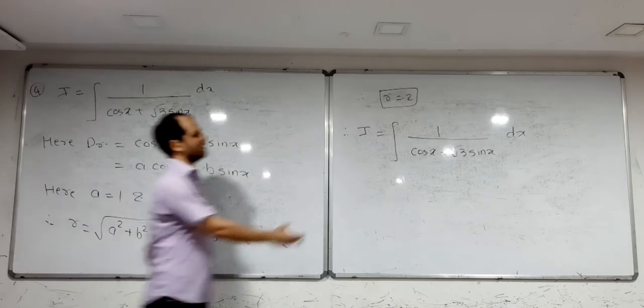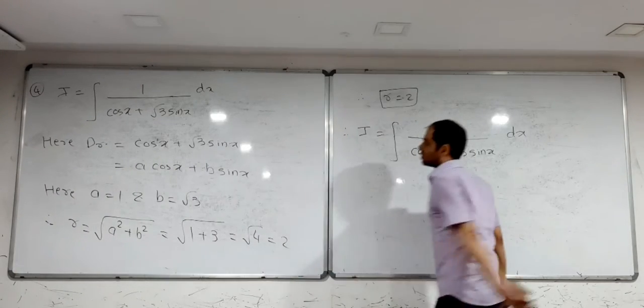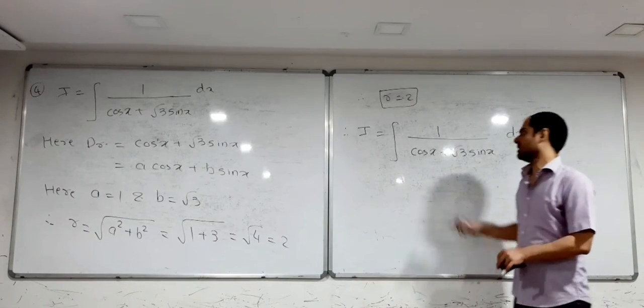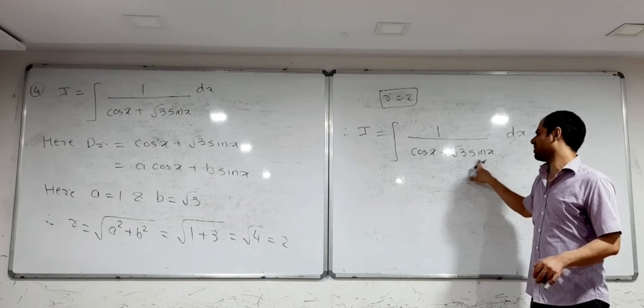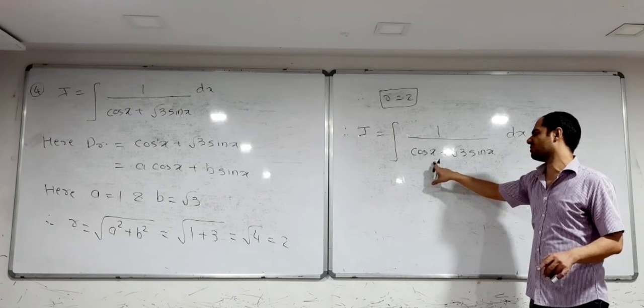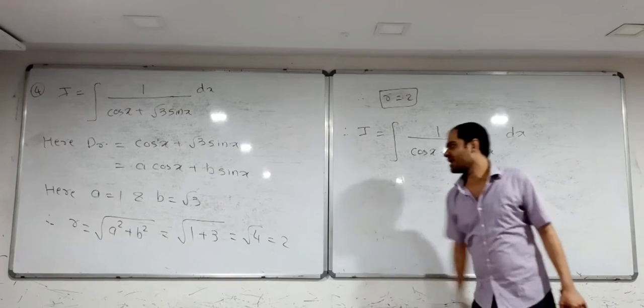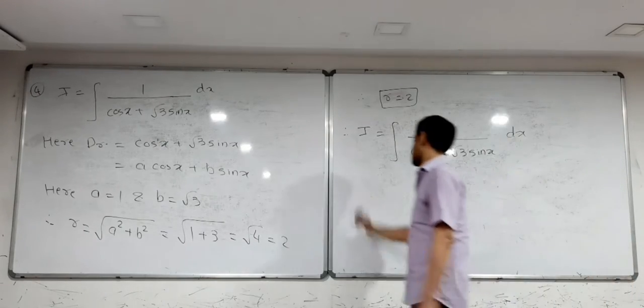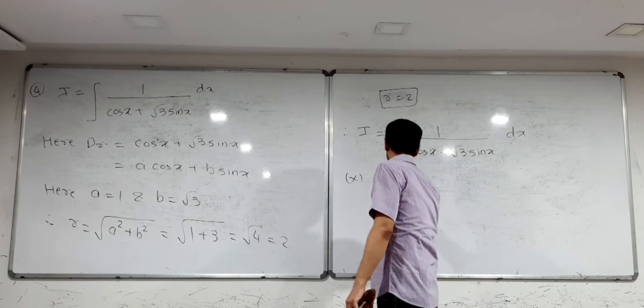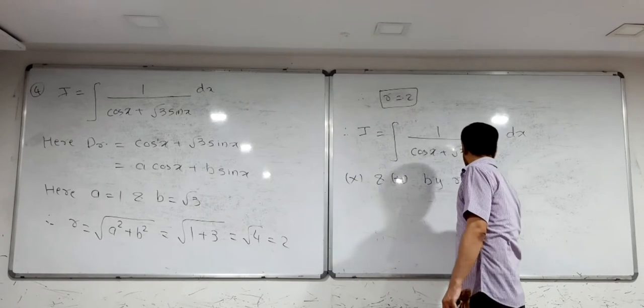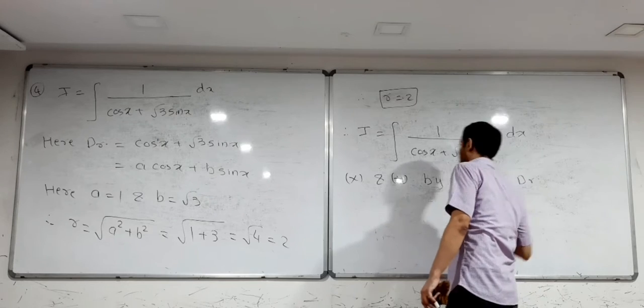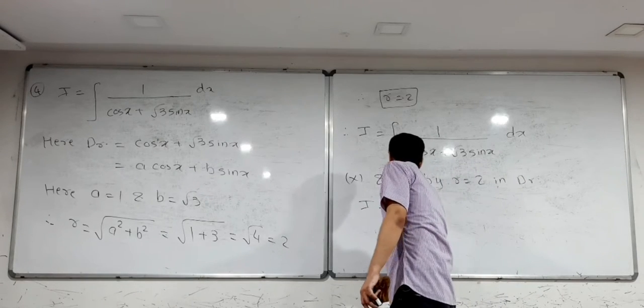The denominator is of the form a cos x plus b sin x, where a is 1, the coefficient of cos x, and b is root 3, the coefficient of sin x. Find r as root of a square plus b square, so r is 2. Multiply and divide by r is equal to 2 in the denominator.